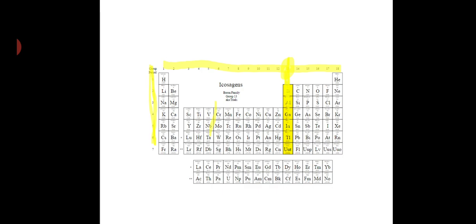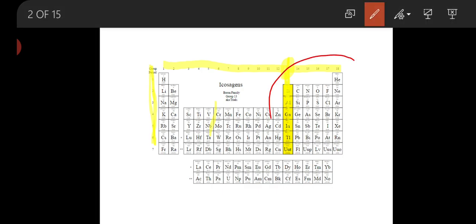So for the complete p block, the general configuration is given as ns2 np1 to 6.